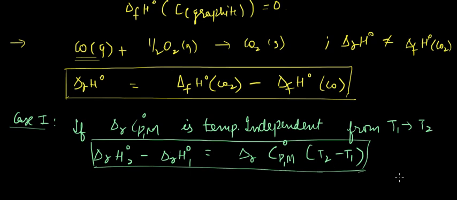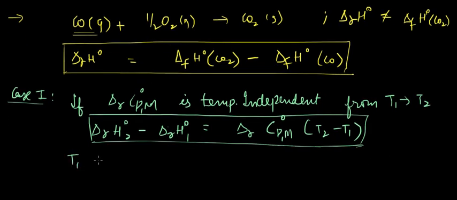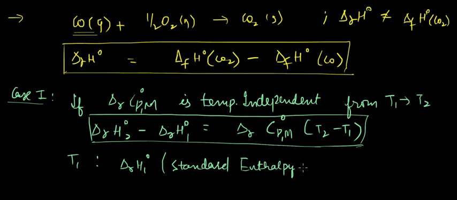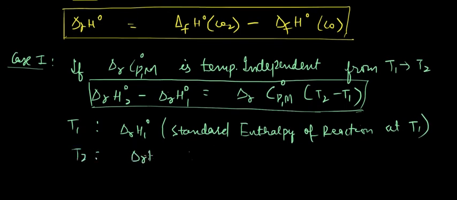Here delta RH1 naught is the standard enthalpy of reaction at temperature T1, and delta RH2 naught is again the standard enthalpy of reaction at temperature T2.